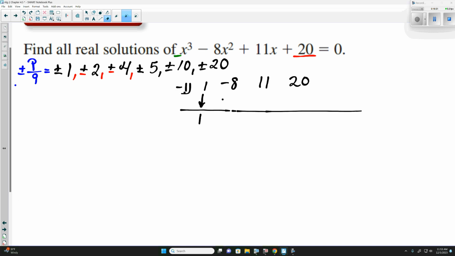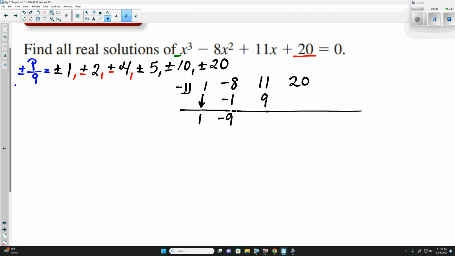Negative 1 times 1 is negative 1. Negative 8 plus negative 1 is negative 9. Negative 1 times negative 9 is 9. Question? Because positive or negative 1 is one of the rational zeros, positive or negative 2, positive or negative 3 is our plus or minus. So we picked 1, it didn't work. We picked 2, it didn't work.